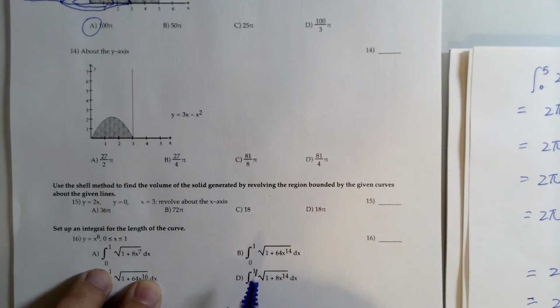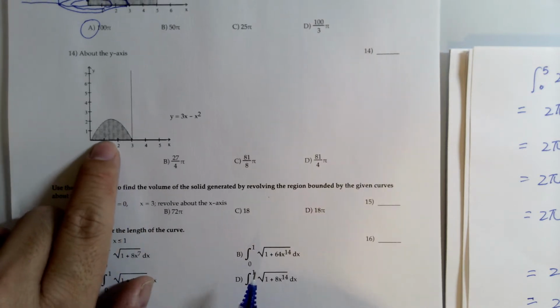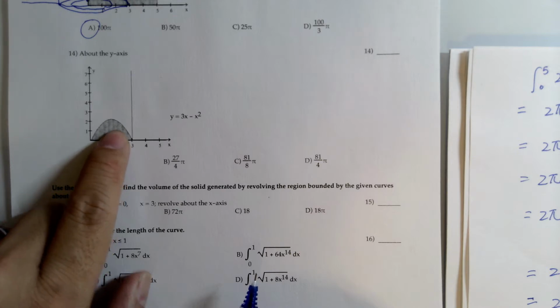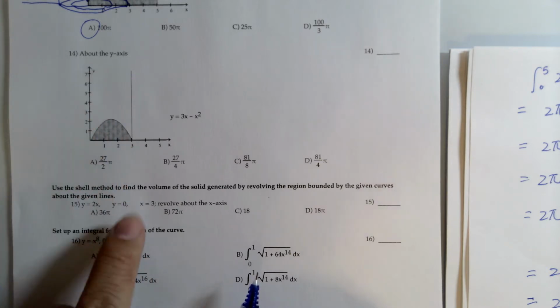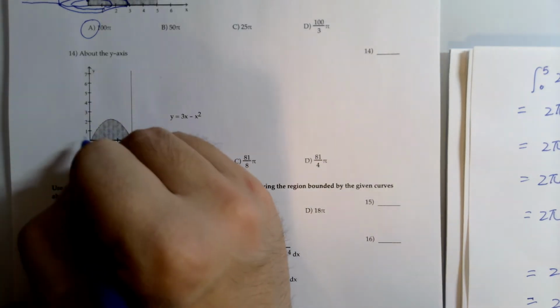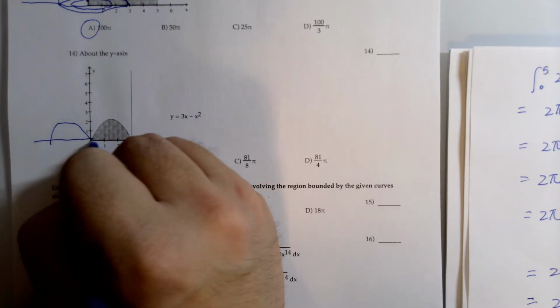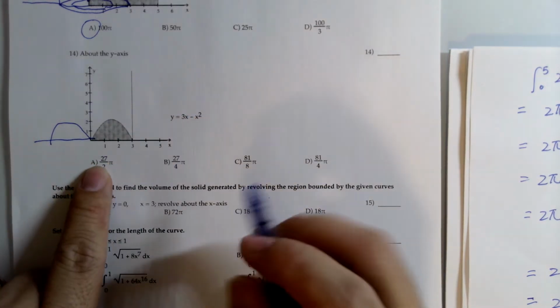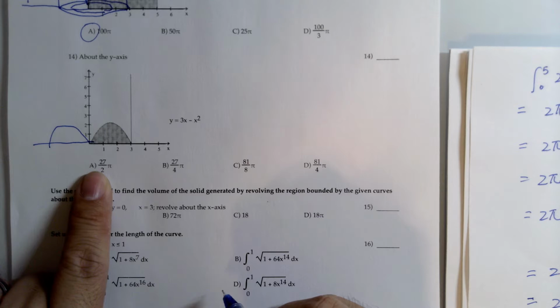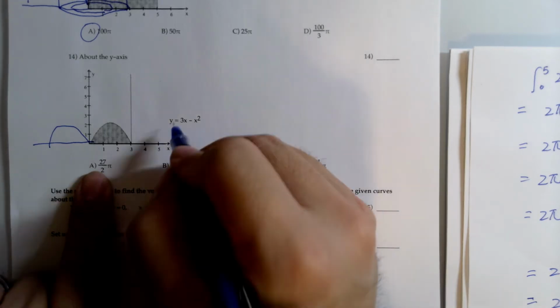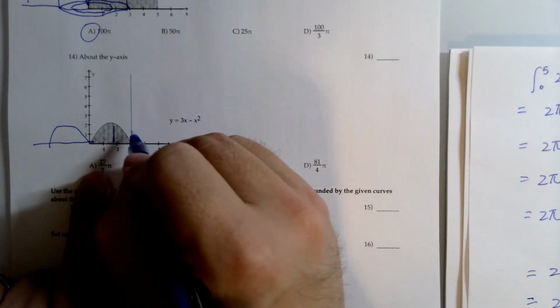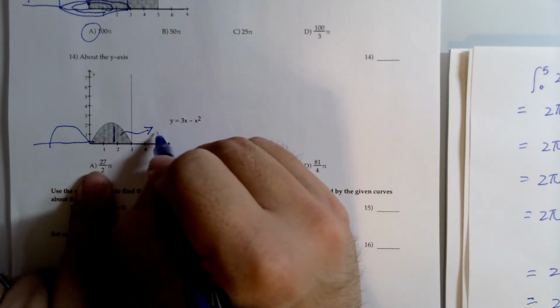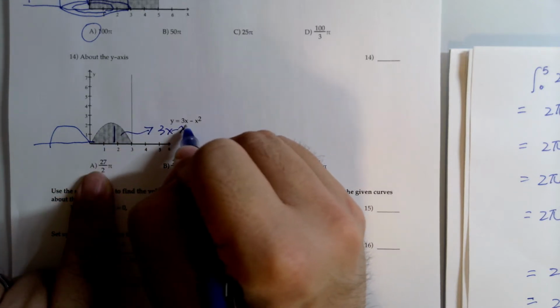Now let's move on to number 14. Again, this is the region, and it asks us to do the rotation about the y-axis. It's pretty much the same structure, and the height is given as 3x minus x squared.